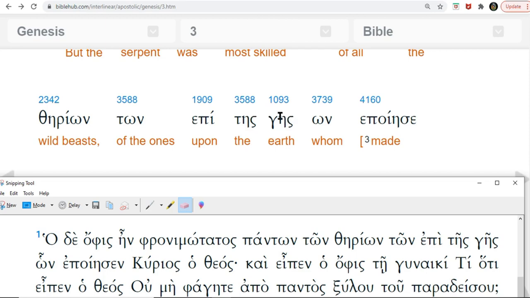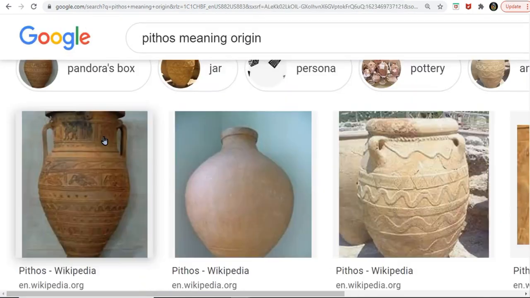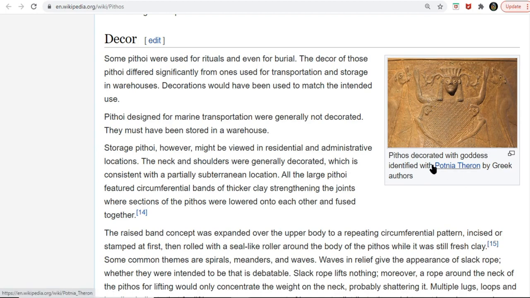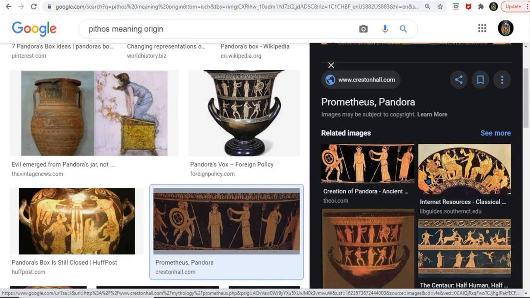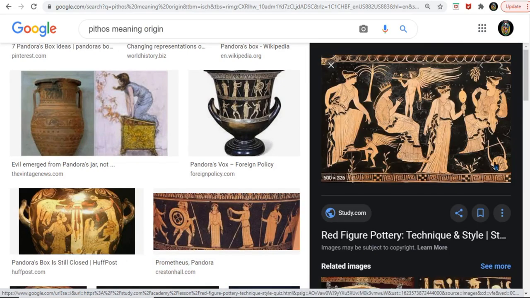But the pithos is these ancient jars that they used to put all their drugs in. And they were all painted up. They were decorated with goddesses. They had all the ton, all the fashionable society painted up on them. The gods and the ton and a lyre.